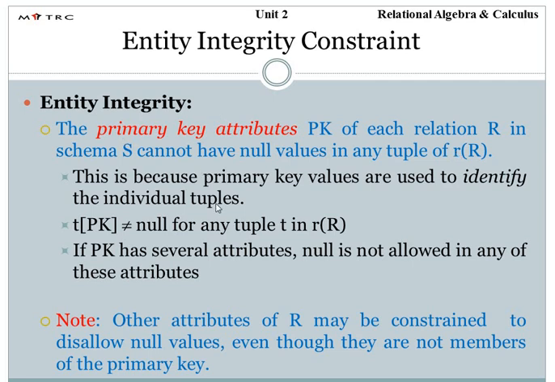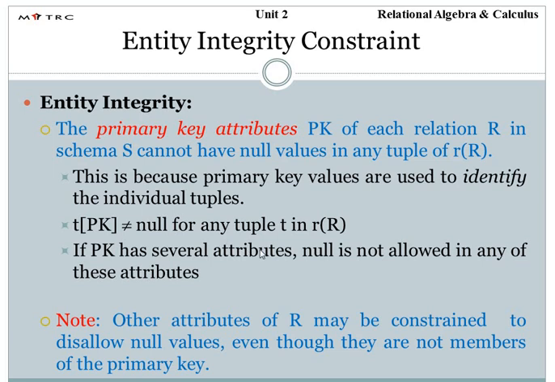Why? Because primary key values are used to identify the individual tuples, and if the tuples had null for the attribute forming the primary key, that would not be a good option.